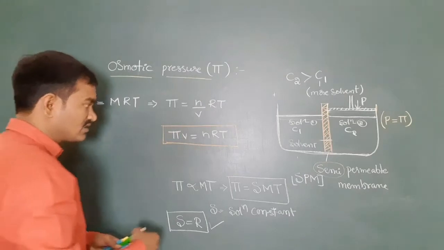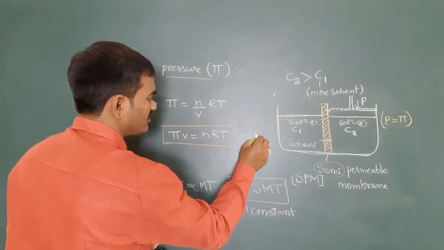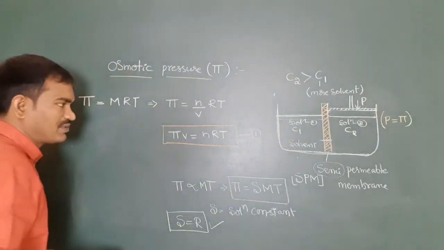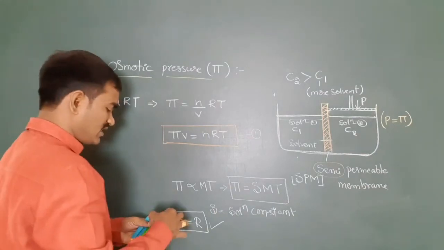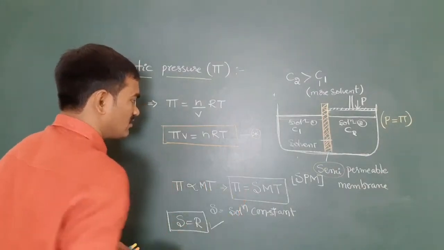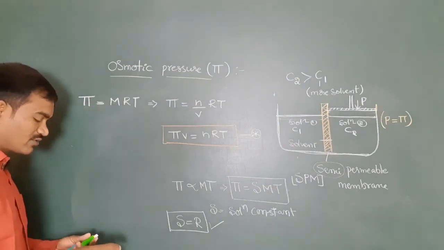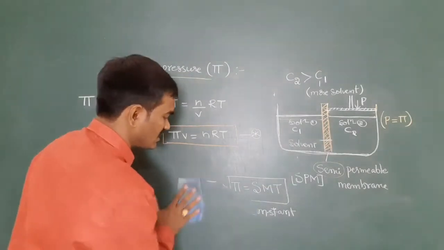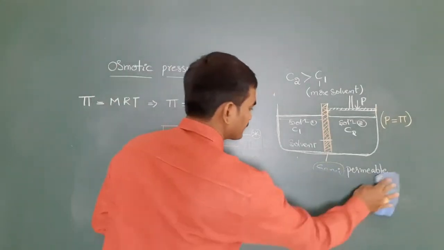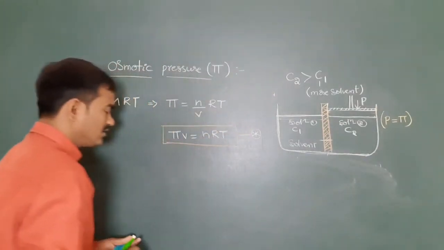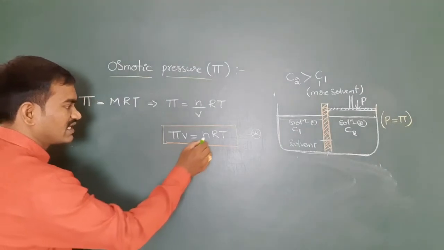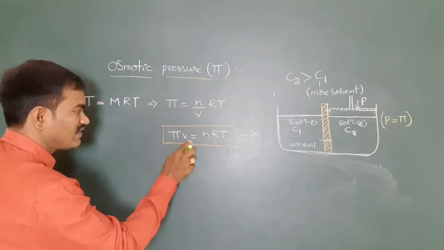So this is the first expression which we use to calculate osmotic pressure. One of the important problems we can solve from this. After that, the next step: V goes to the other side.